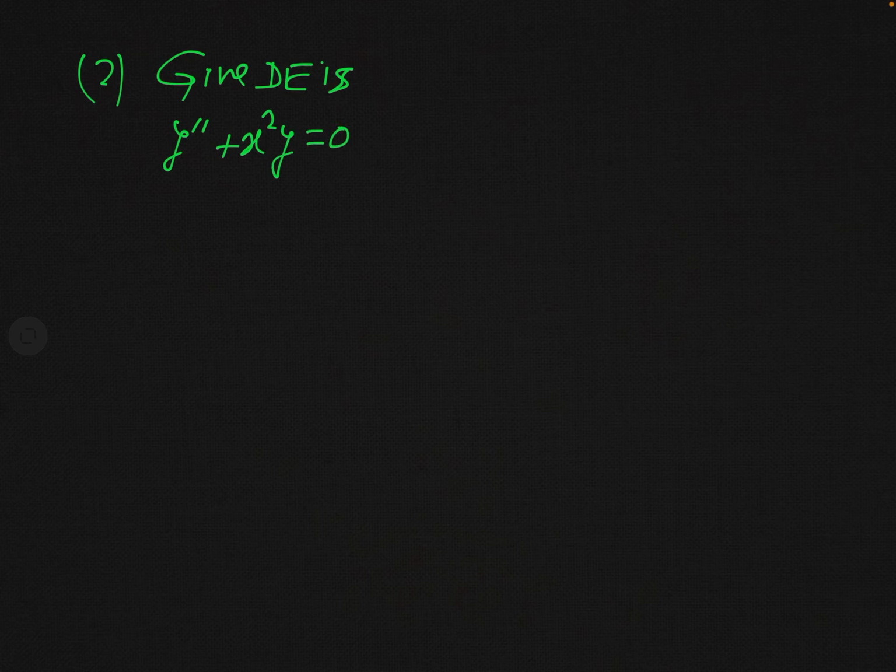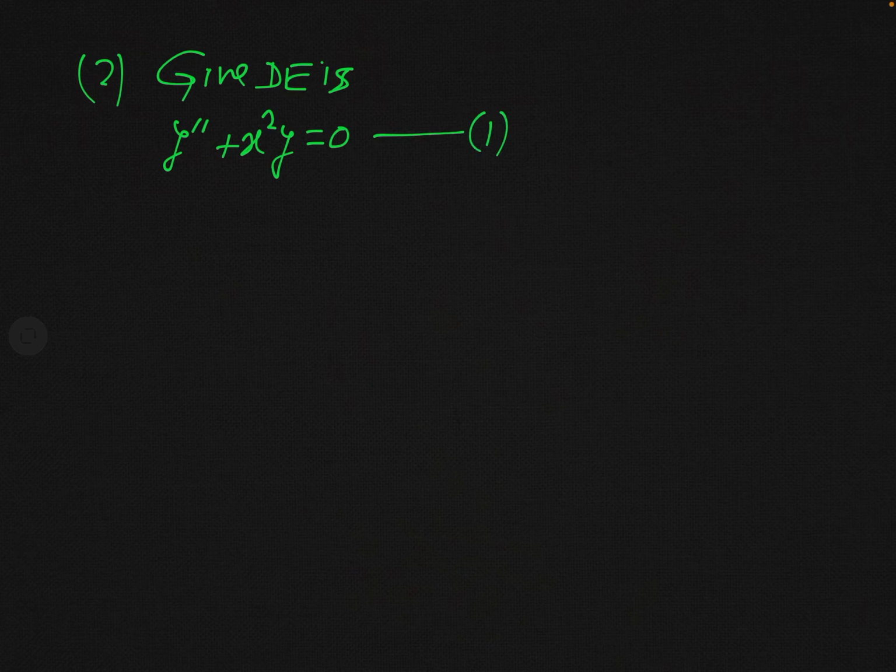The given differential equation is, what is the given differential equation? This is y double prime plus x square y equal to 0. This is our given equation.